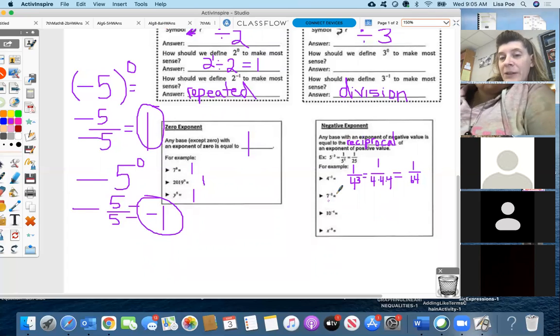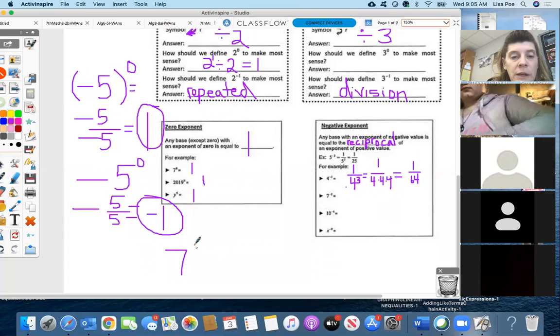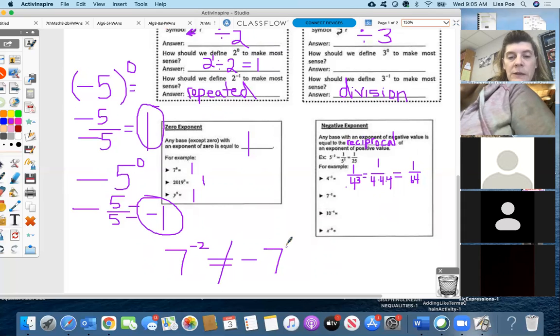All right, so 7 to the -2, since it's a negative, that doesn't mean -7 squared. That's totally different. So this does not equal this. What is -7 squared?